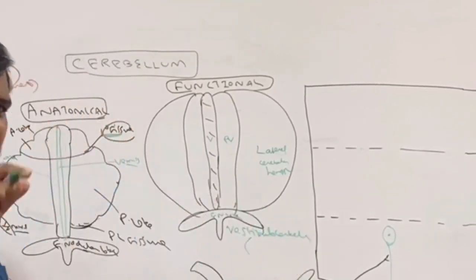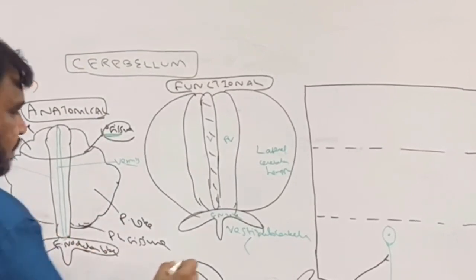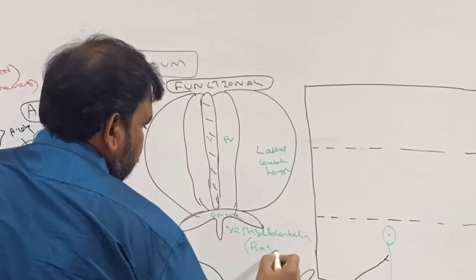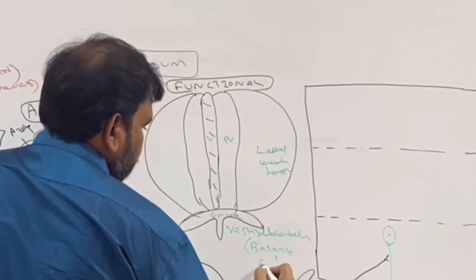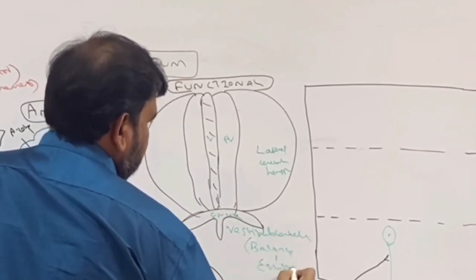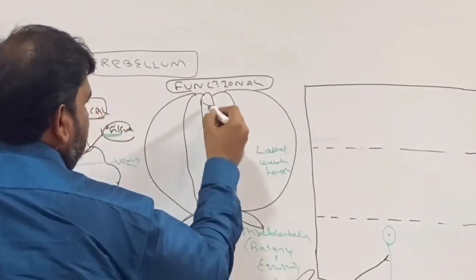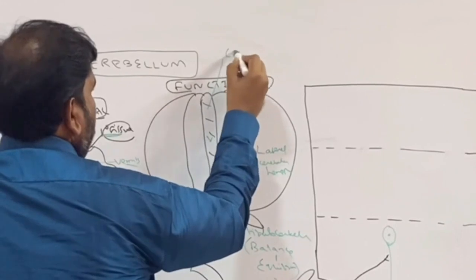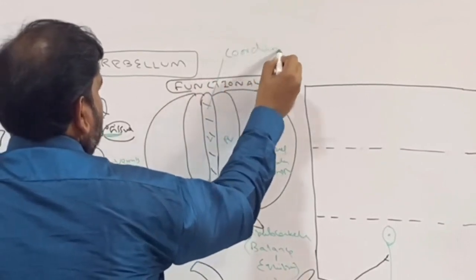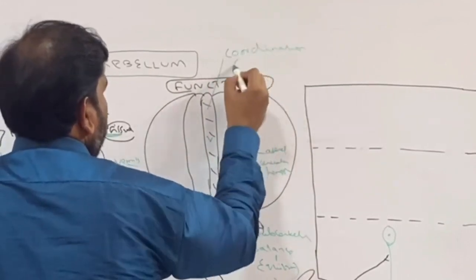As I was telling first, the flocculonodular lobe is mainly concerned with balance and equilibrium. This one, vermis and paravermis, is concerned with coordination, or spinocerebellum.